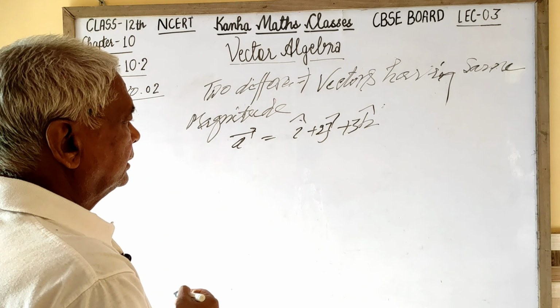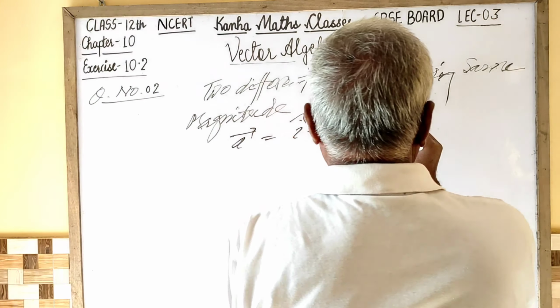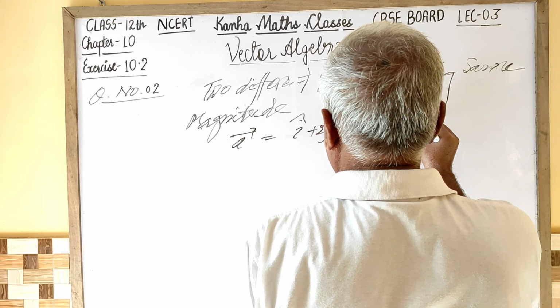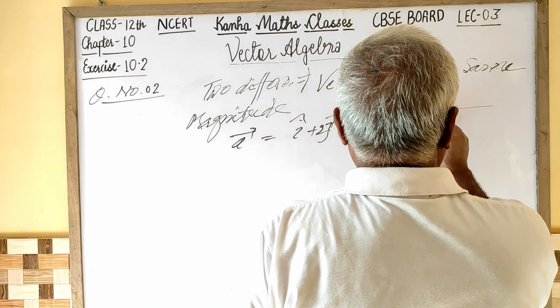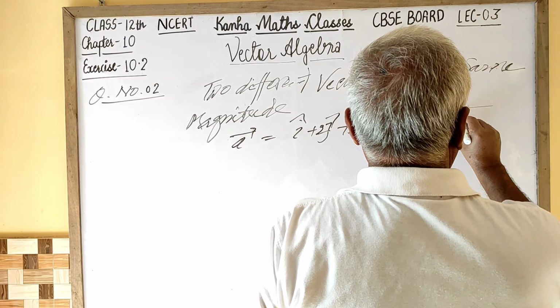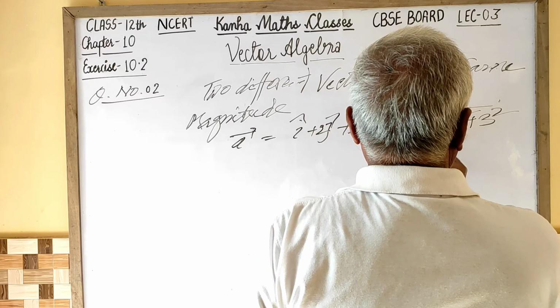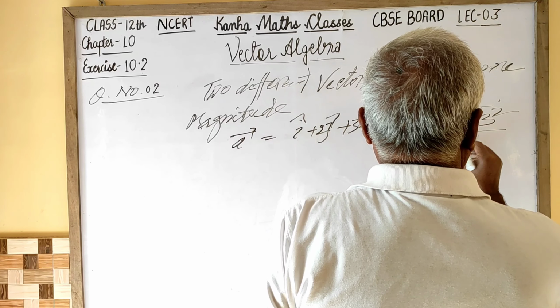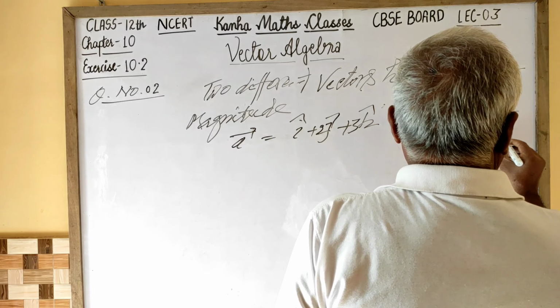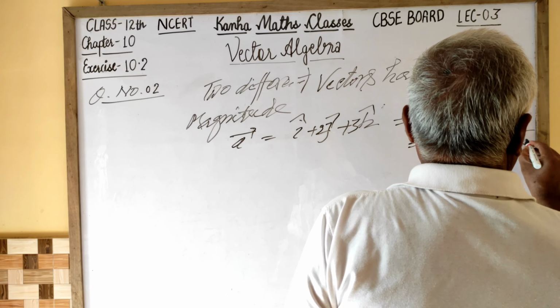Hence clearly the magnitude of this vector will be equal to under root 1 square plus 2 square plus 3 square, I mean 1 plus 4 plus 9, I mean here root 14.